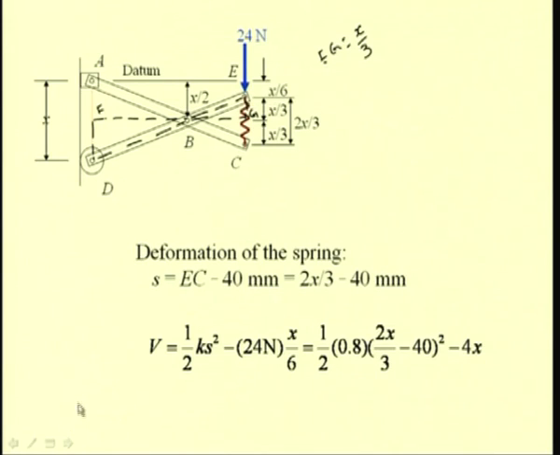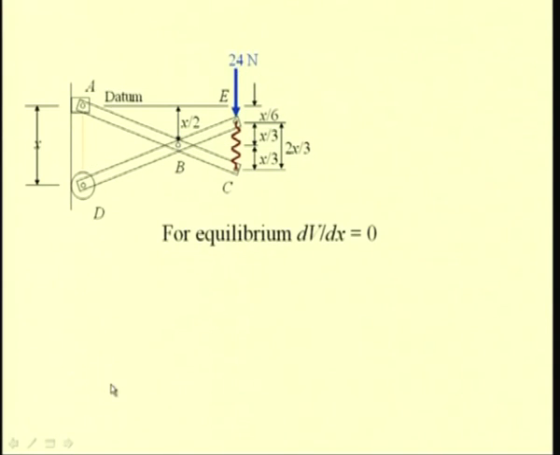So, now we have the potential energy term, and for equilibrium we have to differentiate this with respect to the coordinate, that is x, the coordinate that specifies the configuration of the system. So, we differentiate it and equate it to 0. So, we have dV by dx equal to 0.